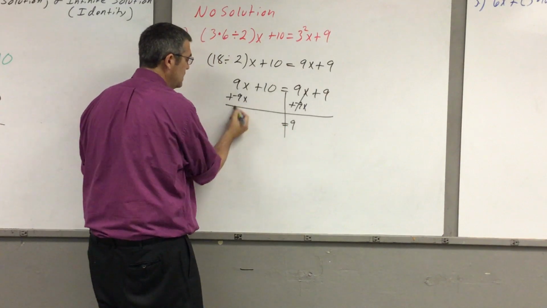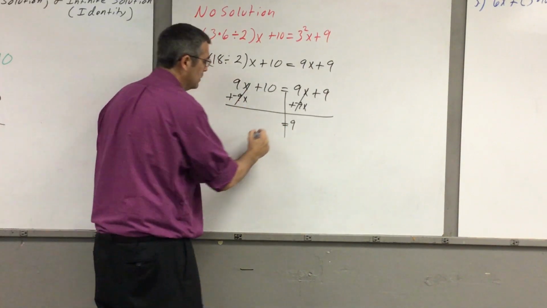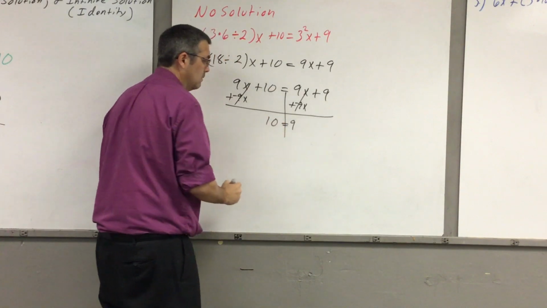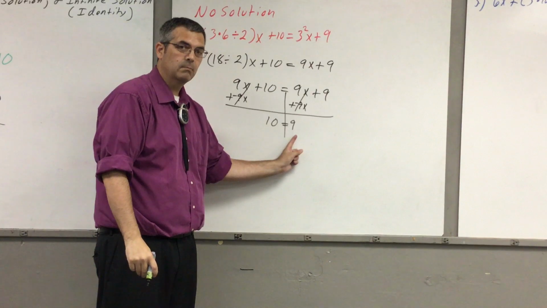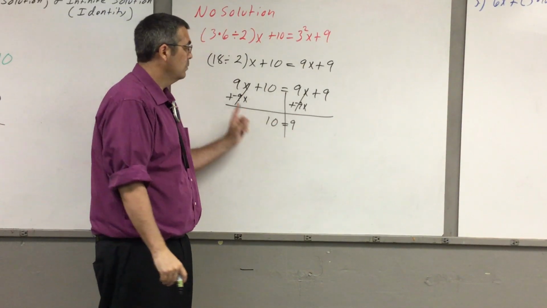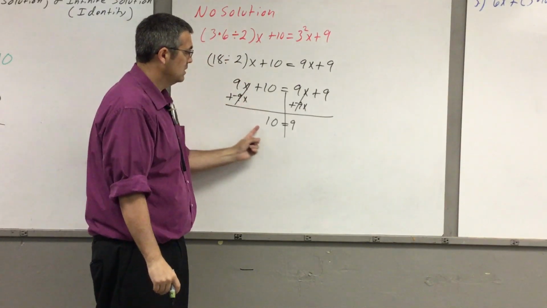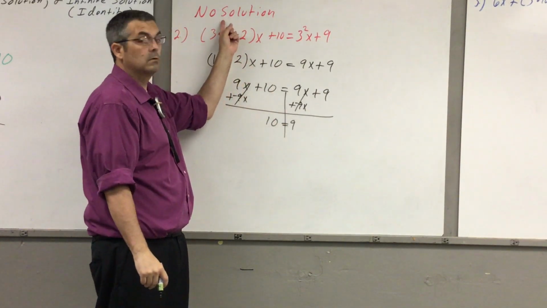Okay? This cancels out here and leaves me with a 10. But is 10 equals 9 a true statement? It's not a true statement here. So when you finish solving a solution and you don't get a true statement, you have no solution.